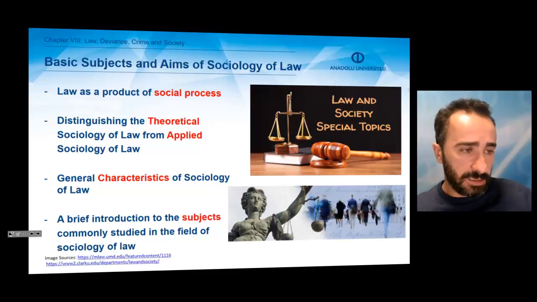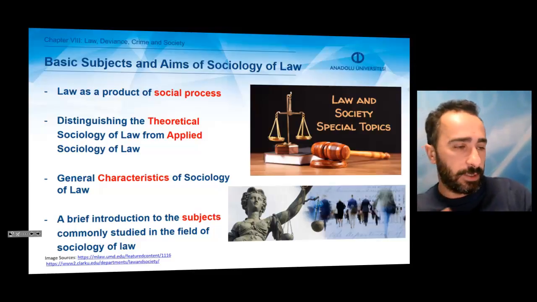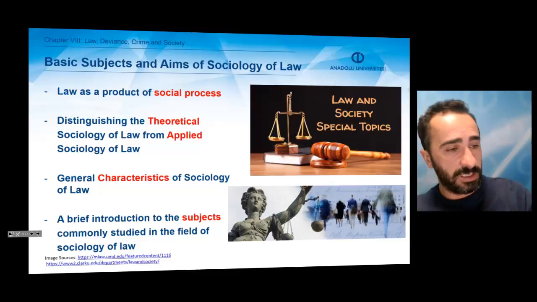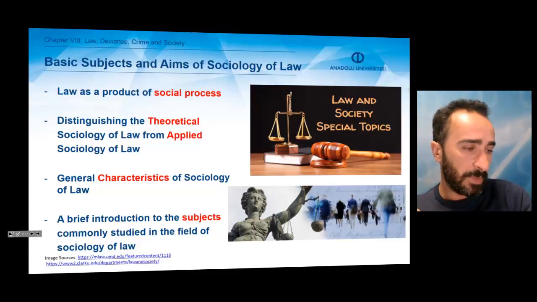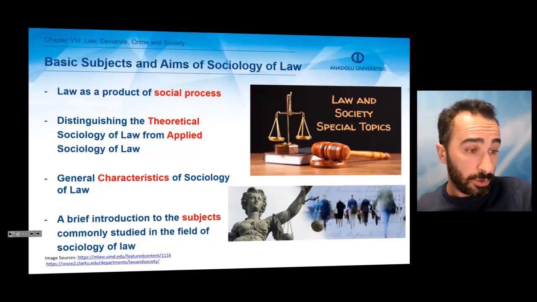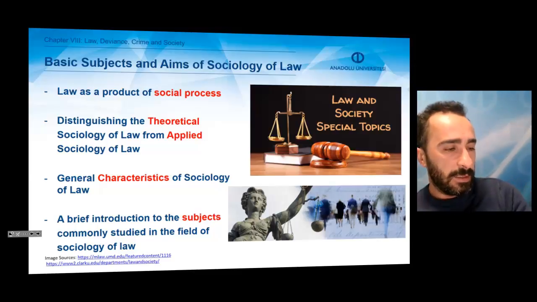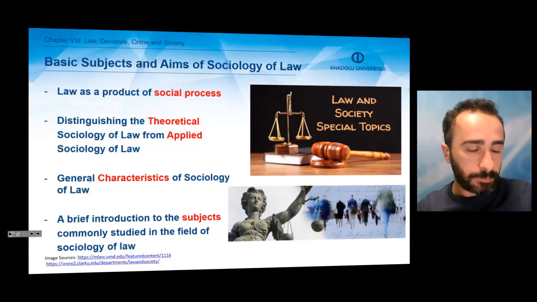This presentation is followed by a brief on the subjects commonly studied in the field of sociology of law. These can be summarized as justifications, functions, placement, and evolutions of the social control system, legal forms of thought in relation to particular political economic order, and legitimizing principles and effects.